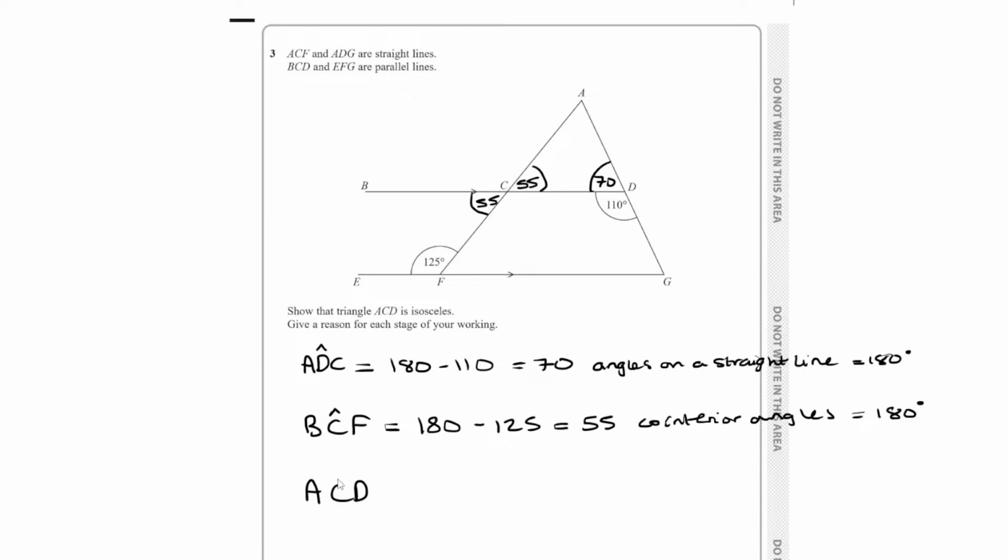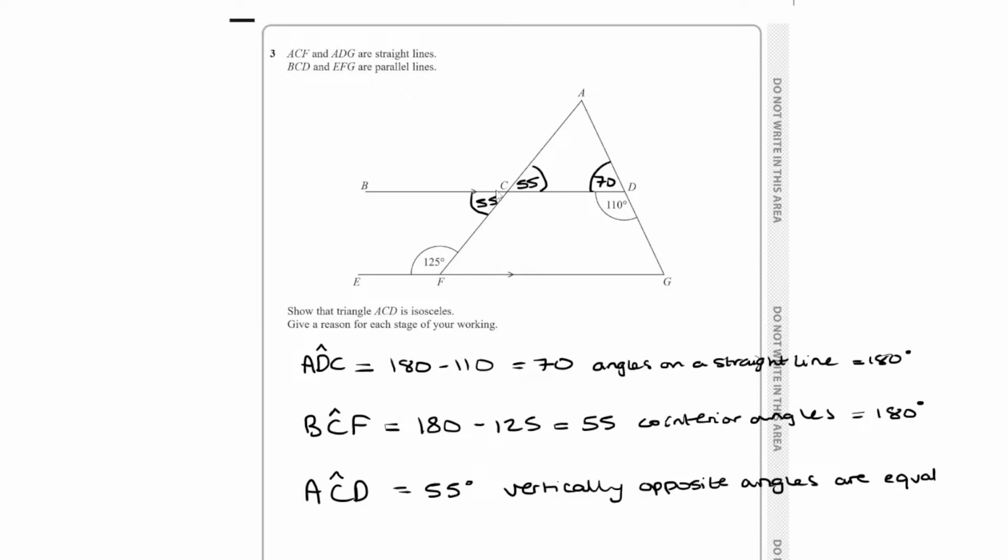So that's ACD, isn't it? Is 55. And that one is because I know it as vertically opposite angles. I think just opposite angles might be okay. And these ones are the same, aren't they? Or are equal, however you want to write that.